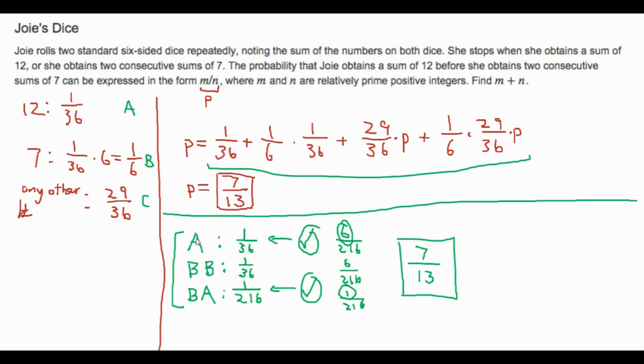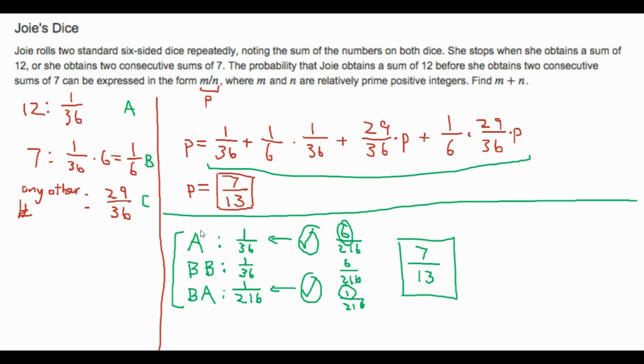Note that if we roll a C, then it doesn't matter, since rolling a C doesn't affect winning or losing in any way. It just prolongs the game. So rolling a C does not affect the end game in any way. And you can check that A, BB, and BA are the only three scenarios of the end game that are possible.